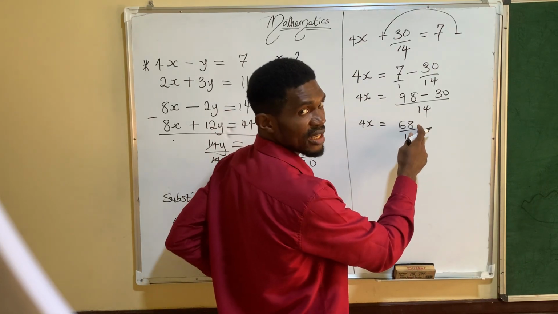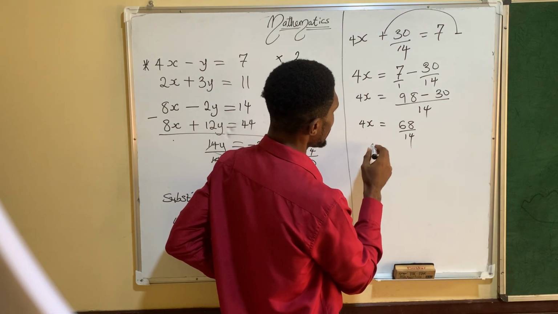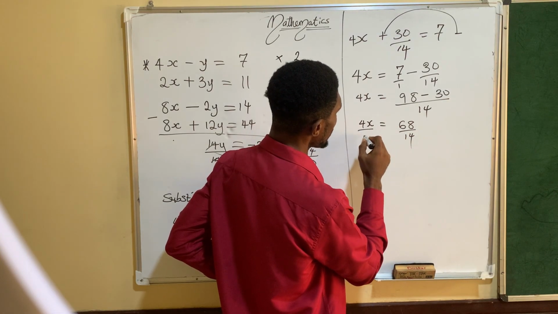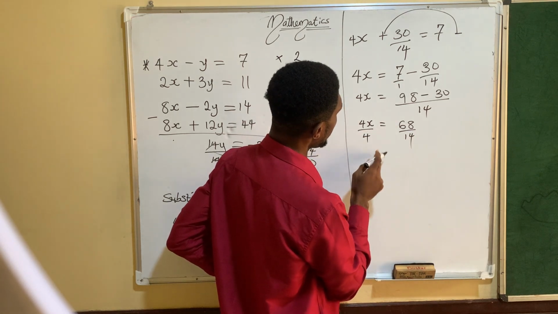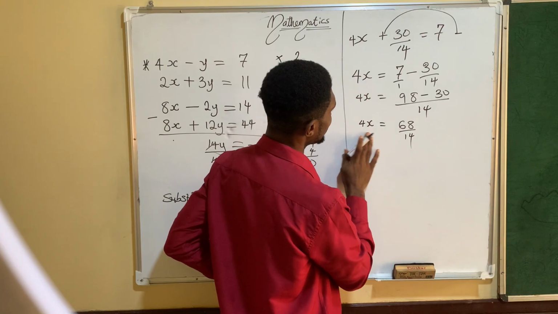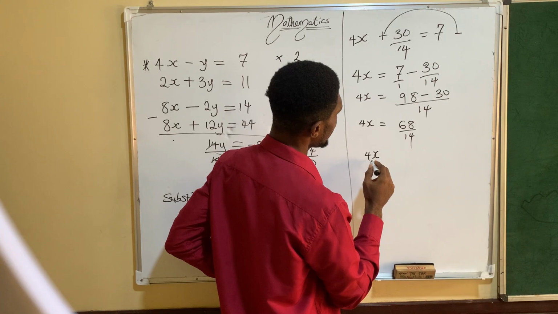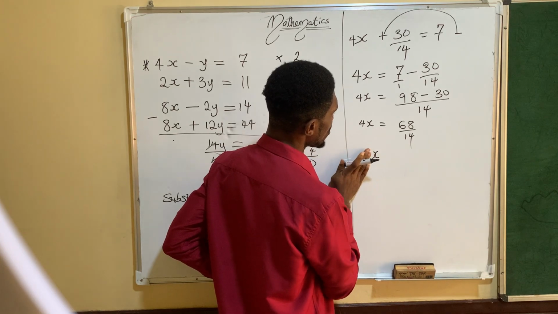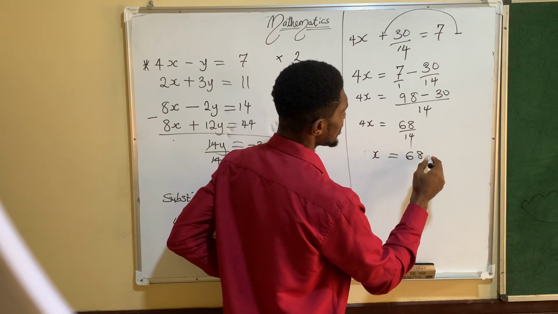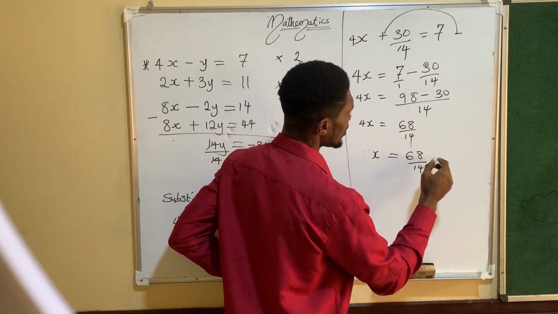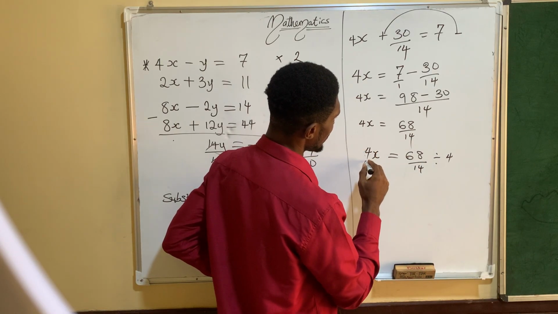If we divide further, we still get a fraction or a decimal. So what we'll simply do is divide both sides by the coefficient of x, which is 4. So you say 4x divided by 4 will give us what? x equal to 68 over 14 divided by 4.